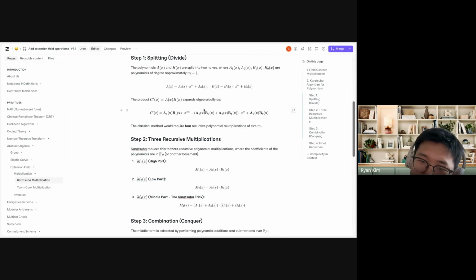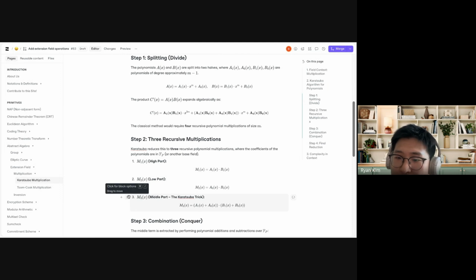So we are going to multiply these three parts. M1 corresponds to the high part, M2 corresponds to the lower part. The question is how we get the middle part using M1, M2, and M3. If you just do the normal approach, you need to multiply 4 times, and this gets you just 3 multiplications.